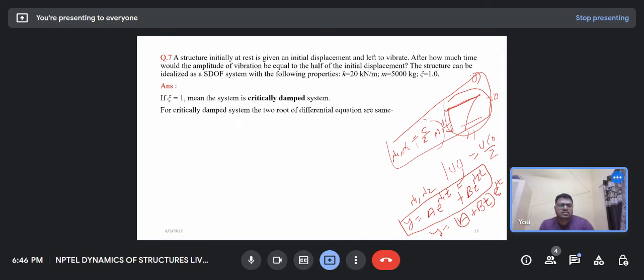Yes, because this function is in terms of t.